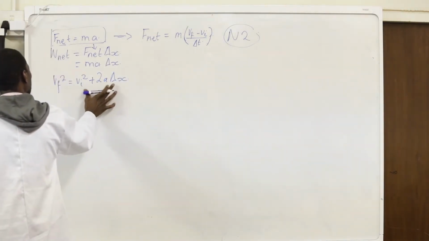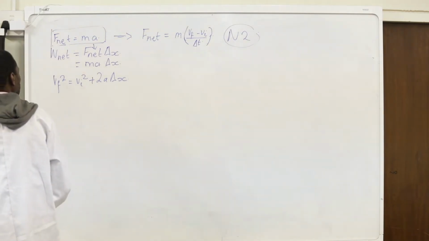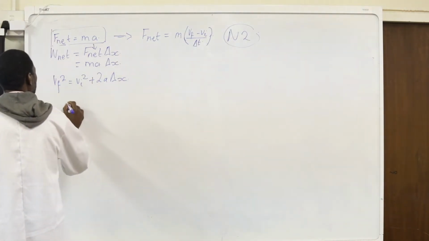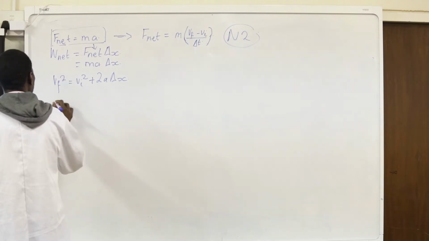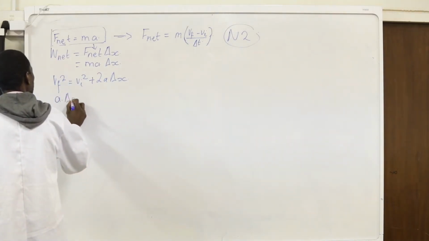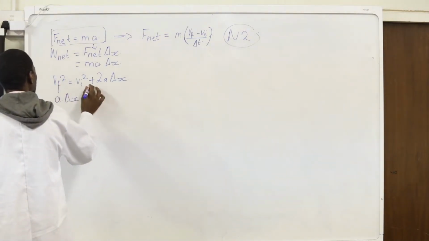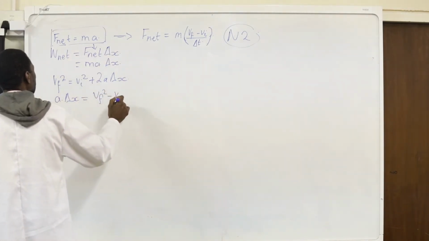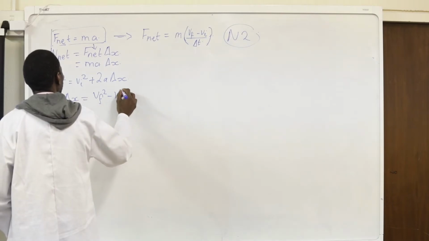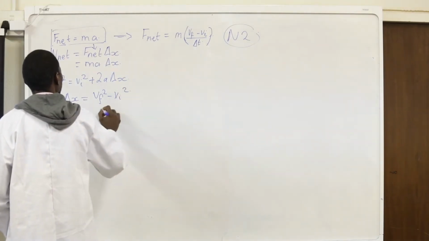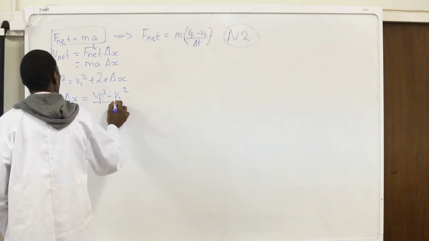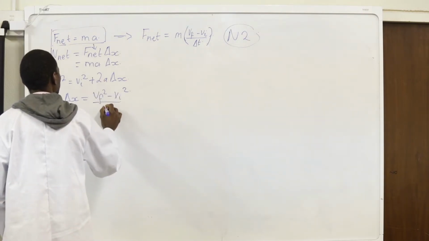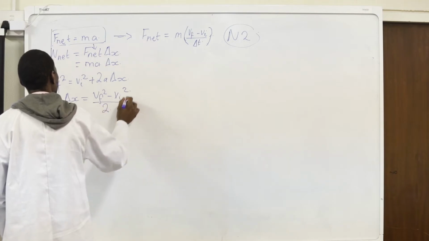If I am going to play around with this equation, I can write it out as a times change in x is equal to Vf squared minus Vi squared all over 2.